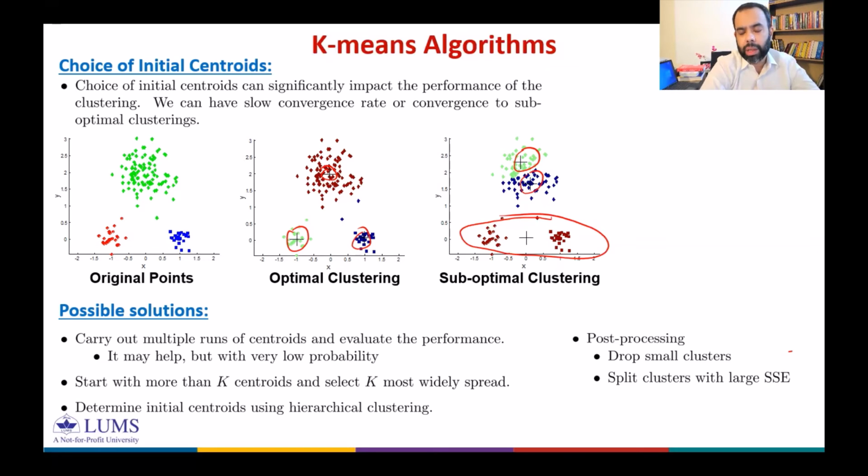If you split this into two clusters, you could solve this problem. You can merge clusters with low SSE. For example, these two clusters here, we could merge and form a single cluster. So these are the possible solutions we can employ to handle the issue of suboptimal clustering due to poor choice of initial centroids.